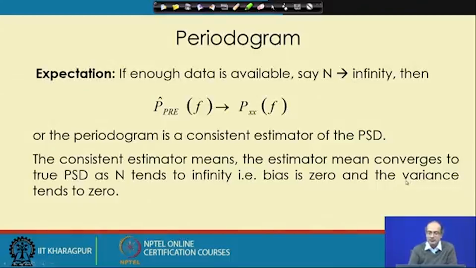The estimator mean should converge to the true PSD. The estimator mean converges to the true PSD, that is 1 as n tends to infinity.